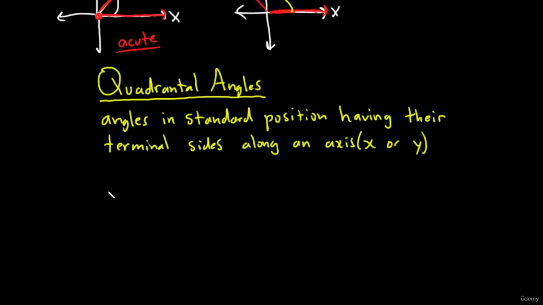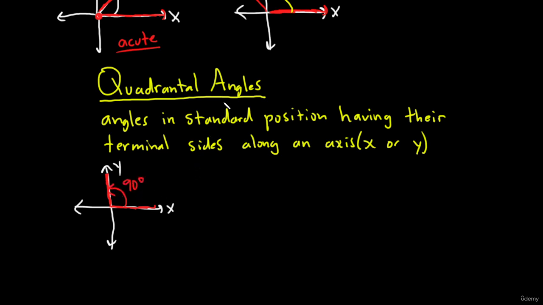So the first example that we'll look at, so again, this is x and this is y. So one example would be, let me draw my initial side here and my terminal side here. And so here, this is an example, 90 degrees, right? It's a quadrantal angle.